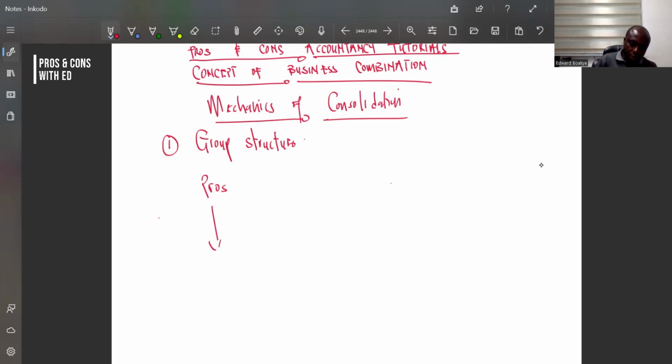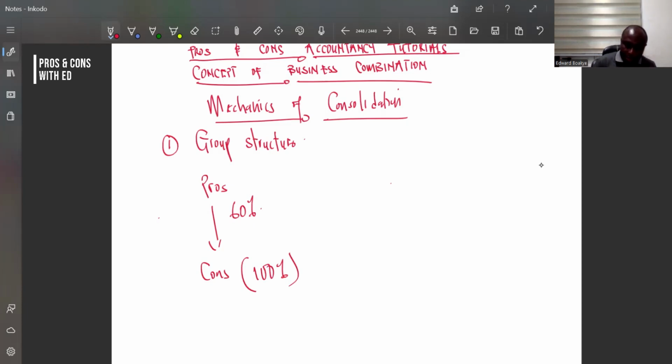Because if we have, let's say, Pros buying Cons, remember Cons already is a 100% company. So if Pros is buying 60%, the group structure between them is 60-40.